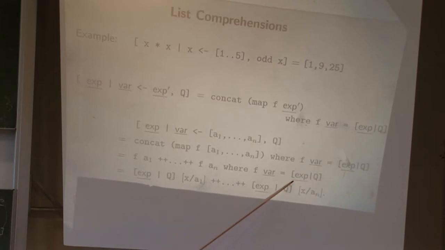It's the remaining expression under the remaining qualifiers without the first qualifier. But if we instantiate this variable by A1, then the variable has to be replaced by A1, and this x is nonsense. So this x should be this variable that we just replace here.